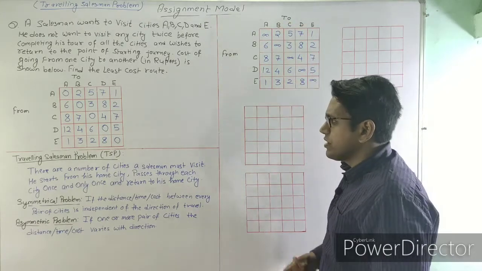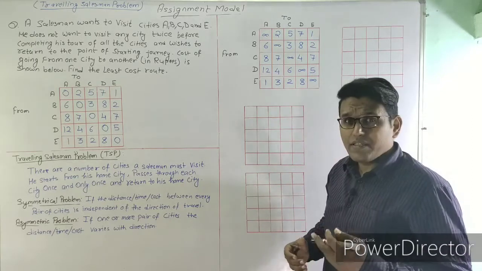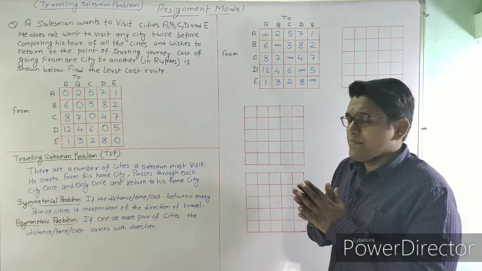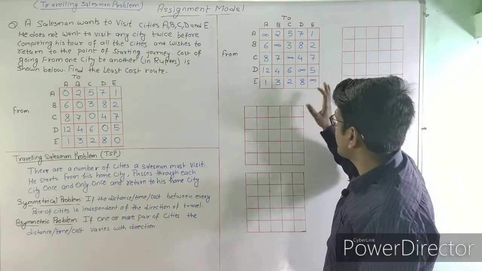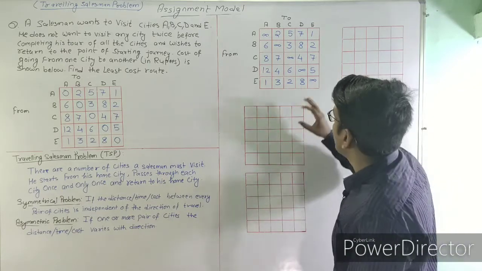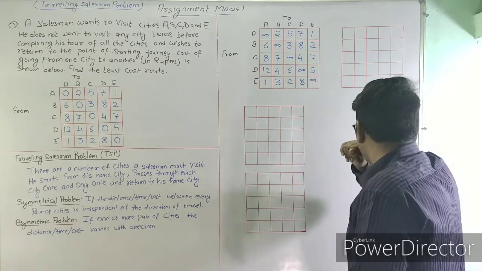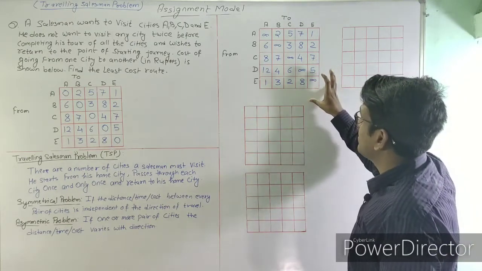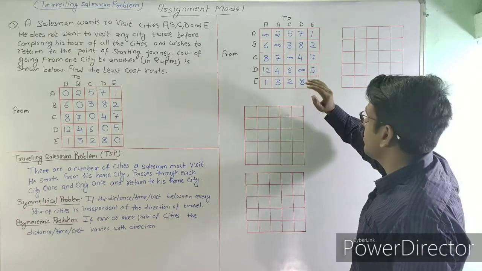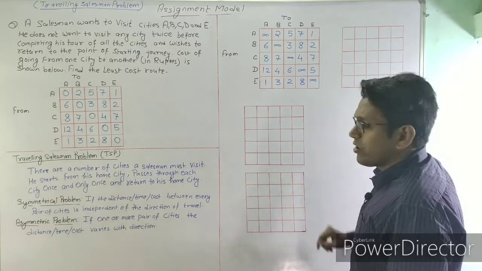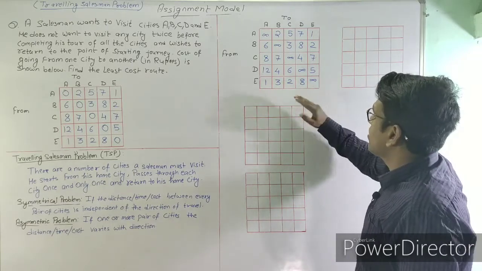Now we are solving this traveling salesman problem by the Hungarian method, and to solve that, first we need to calculate the row minimum or column minimum, or we can say row reduction or column reduction.